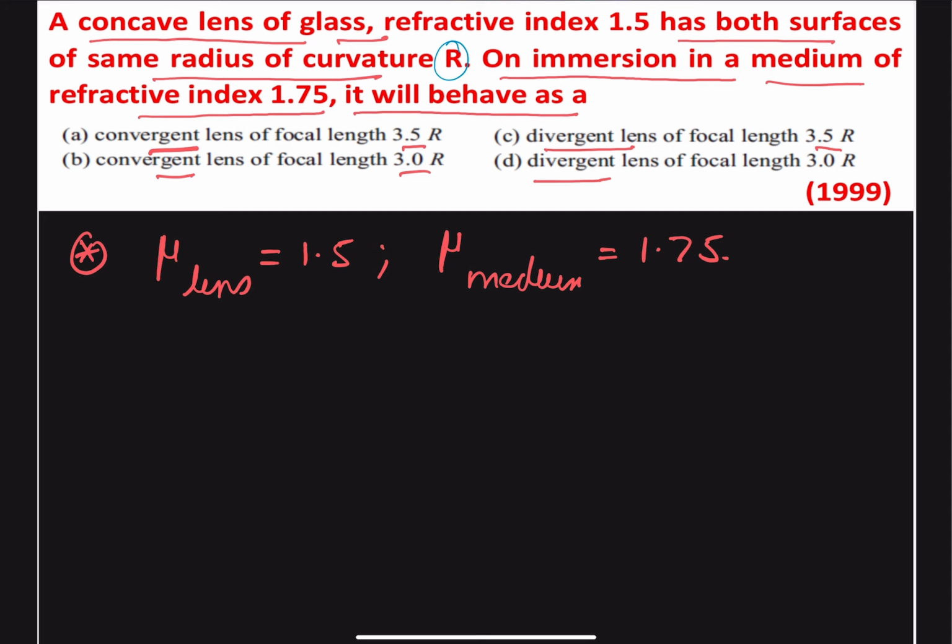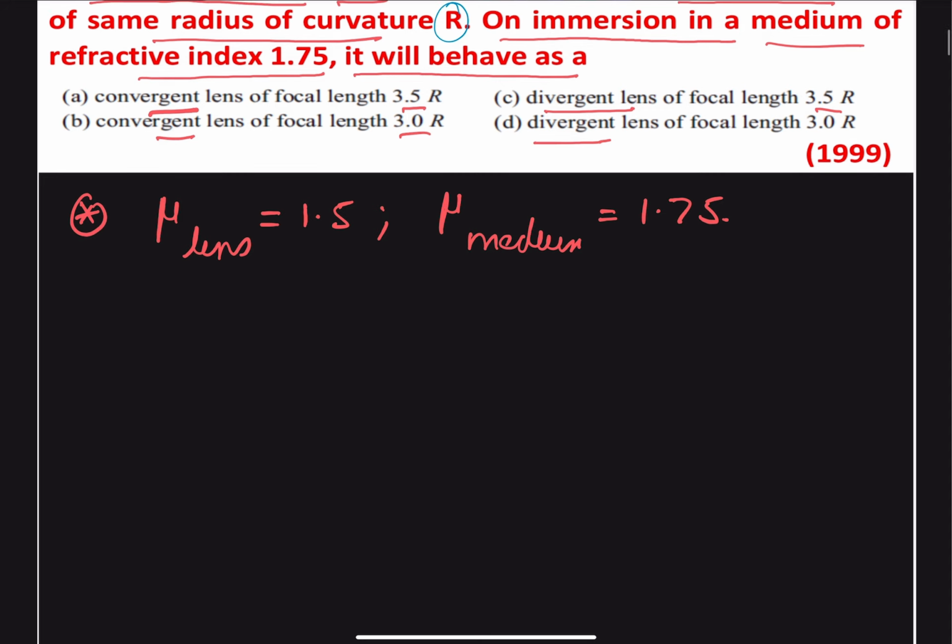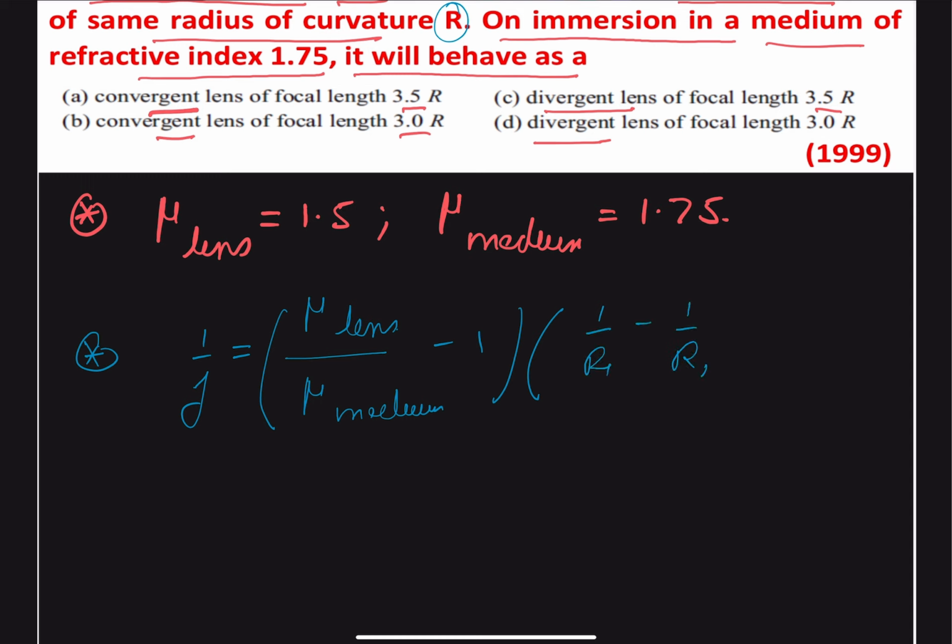So we can use the basic formula, which is our lens maker formula: 1 upon f is equal to the ratio of refractive index of lens to medium, minus 1, times 1 upon r1 minus 1 upon r2.